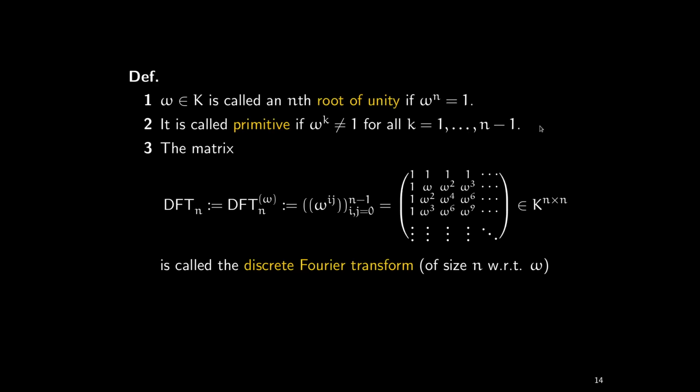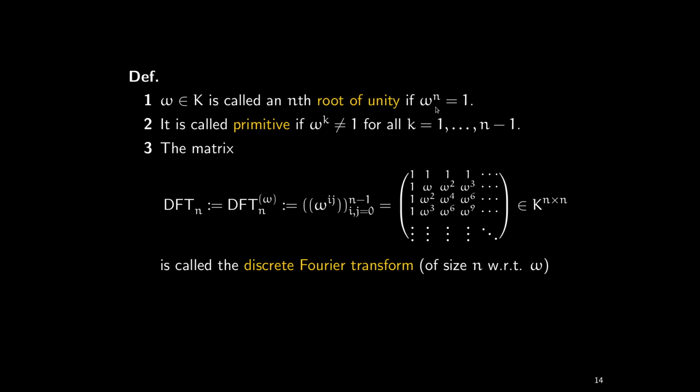It's based on the concept of roots of unity. So a root of unity is an element of the ground field for which there is a certain power that evaluates to 1. The exponent of that power is called n. So if n is the exponent of this power, then we say that omega is an nth root of unity.